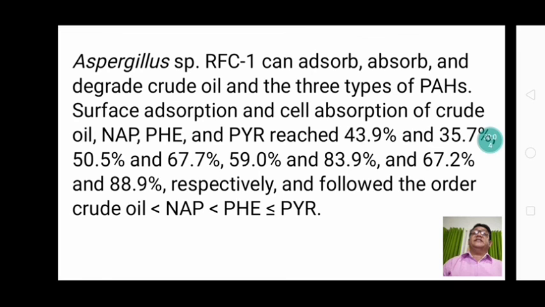Surface adsorption and cell absorption of crude oil, naphthalene, phenanthrene, and pyrene reached 43.9% and 35.7%, 50.5% and 67.7%, 79% and 83.9%, and 67.2% and 88.9%, respectively, and follow the order crude oil, naphthalene, phenanthrene, and pyrene.